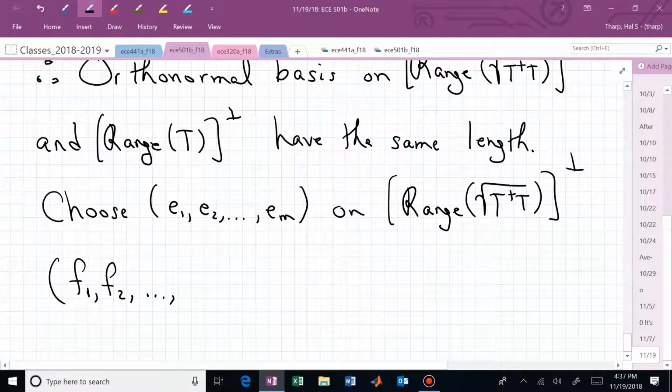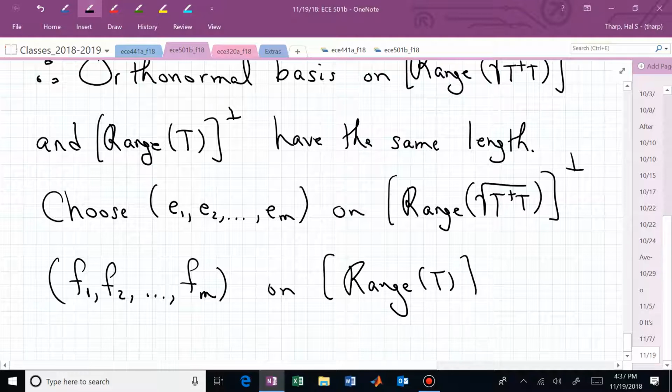How many of these do I have? Another orthonormal basis on the orthogonal complement of the range of T. It has to be m as well. So now we have F1 up to F sub m on the orthogonal complement of the range of T.